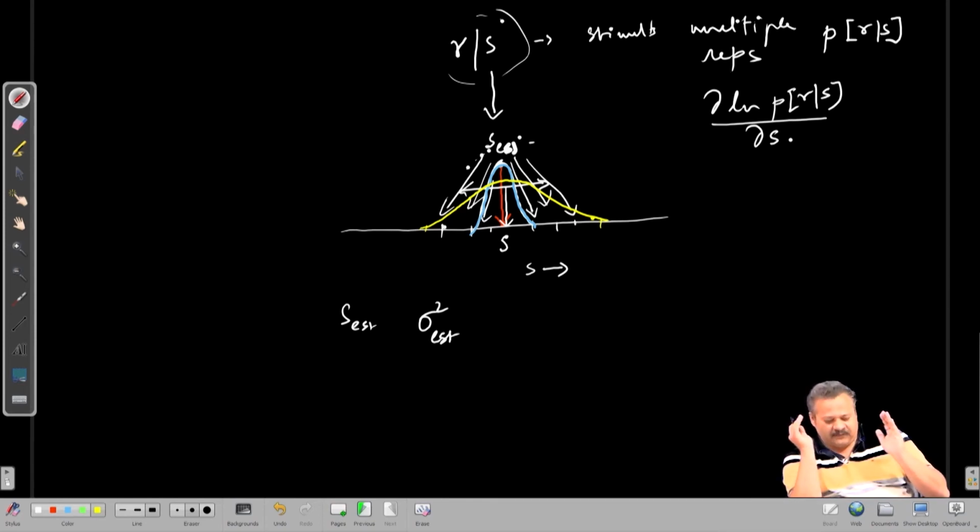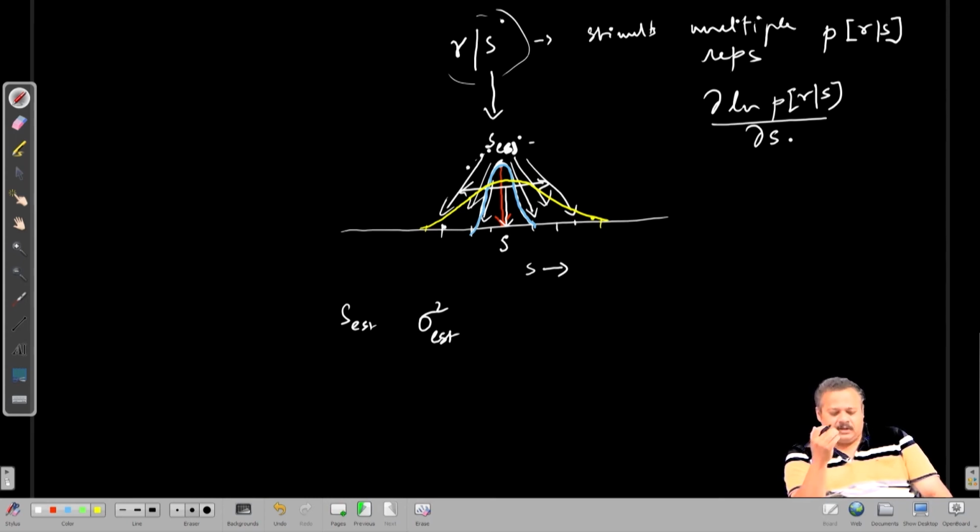Similarly, if the variance of the estimator is low, the chances of being very much away are extremely low. So, this way we can define the fidelity of coding of the stimulus based on the responses.